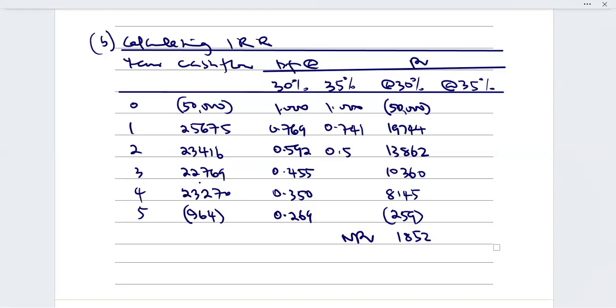Year two, 0.549. Year three, 0.406. Year four, 0.301. Then year five, 0.223. So let's multiply that with the cash flow.